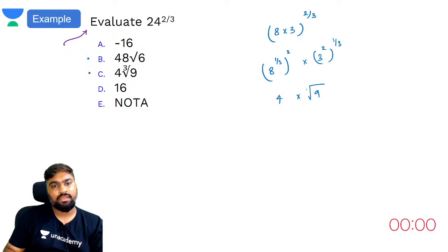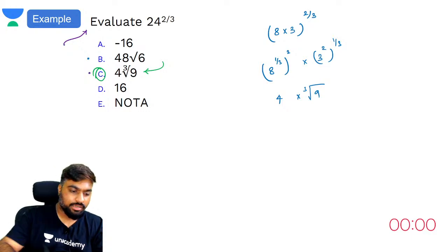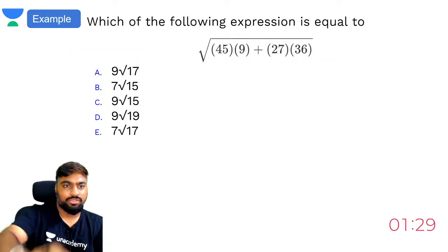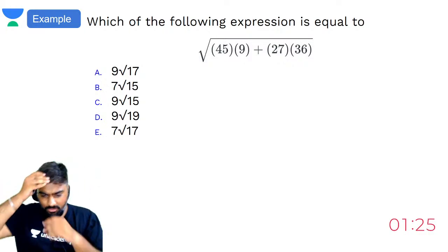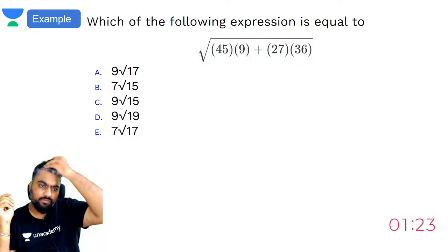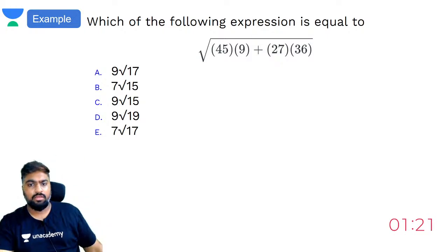Cube root of 9. Correct? 4 into cube root of 9 is what? Option C. Very good guys. Option C is your right answer. These kinds of questions make it simple for us to understand the rules of powers and roots.